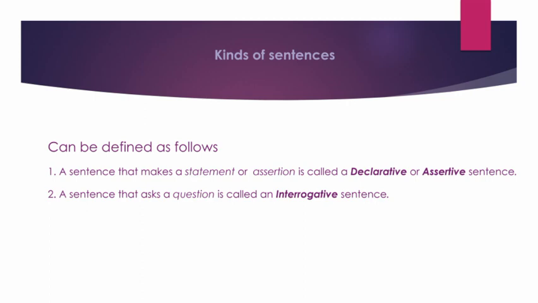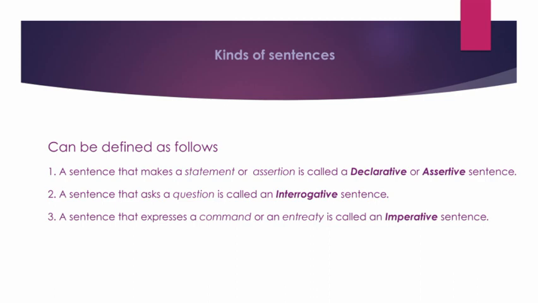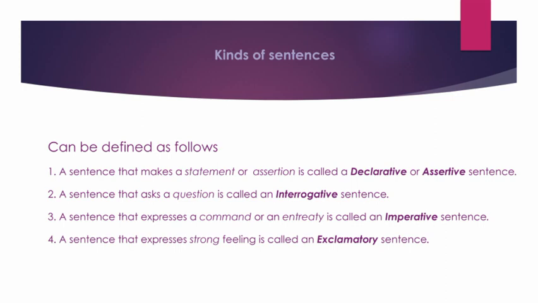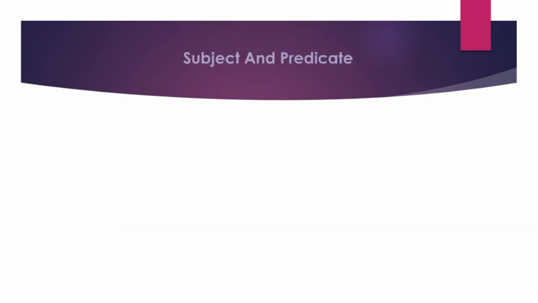The questioning sentence will be named interrogative sentences. And the third, which expresses command or entreaty, is called imperative sentence. And the last one, the sentence that expresses strong feeling, is called exclamatory sentence. It will be expressing strong feeling.